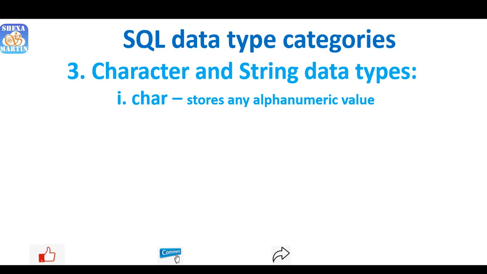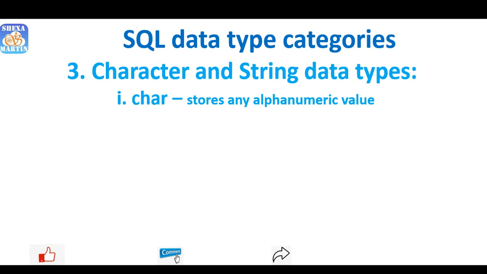The size of a character column is byte based, not character based. For example, if you define a column as character with size 10, the column has a fixed length of 10 bytes.